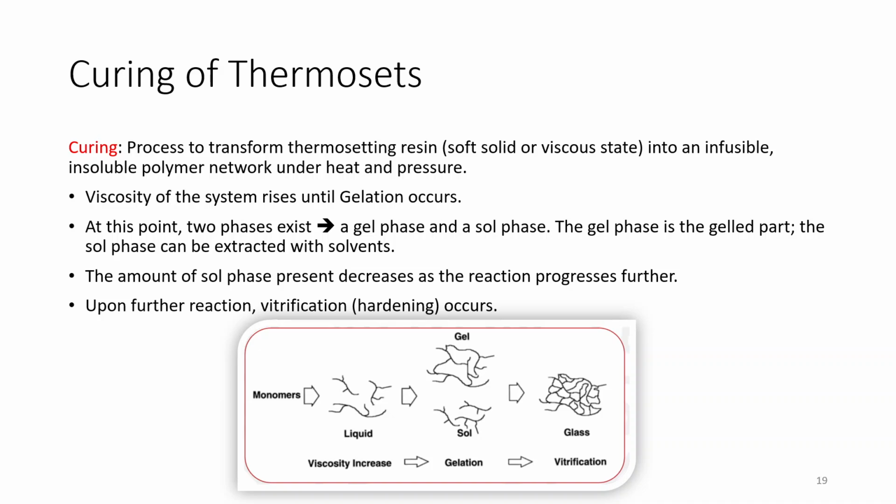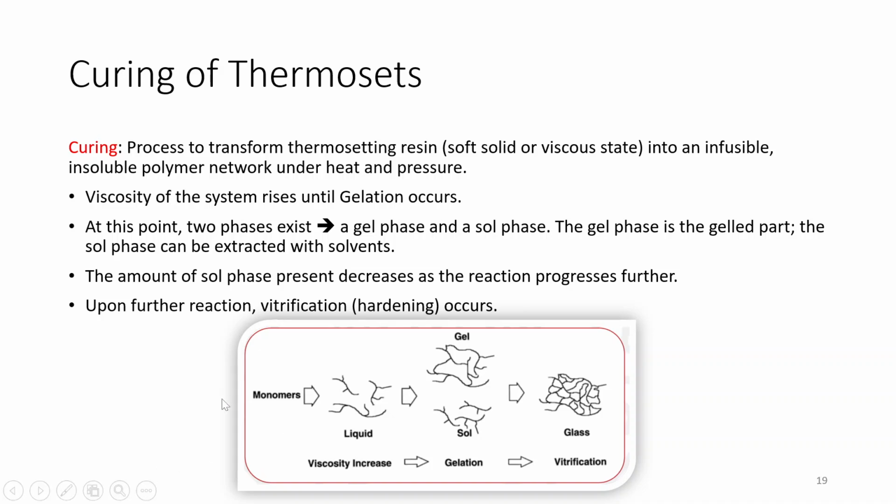At this point, two phases exist, a gel phase and a sol phase, in which the gel phase is the gelled part and the sol phase can be extracted with solvents. The amount of sol phase present decreases as the reaction progresses further, and upon further reaction, vitrification, meaning hardening, occurs.